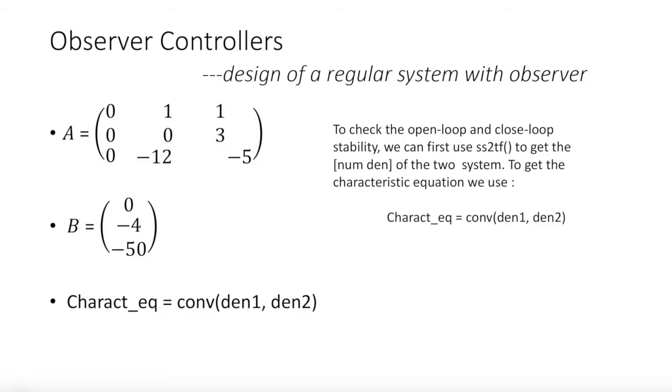Now we are going to find the closed loop characteristic equation by multiplying these two denominators of the two systems, so that we have the whole system characteristic equation.